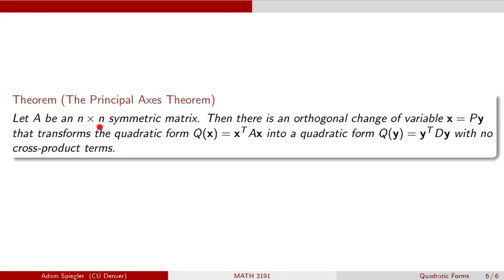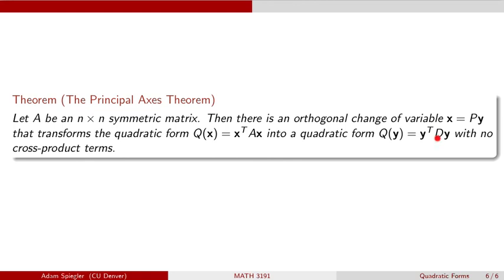If A is an n by n symmetric matrix, then there is an orthogonal change of variable given by x equals P of y that is going to transform any quadratic form Q of x equals x transpose A x, where A is some general symmetric matrix, into a quadratic form Q of y equal to y transpose D y, where D consists only of squared terms and there are no cross product terms.